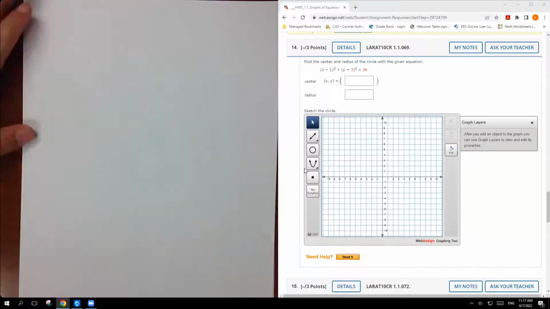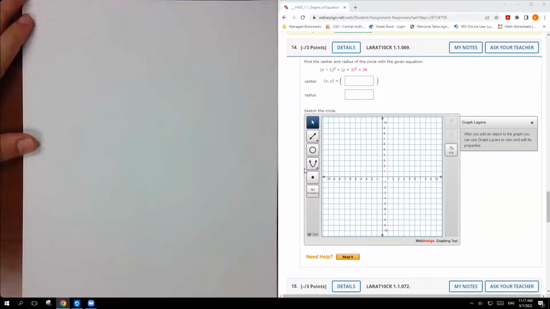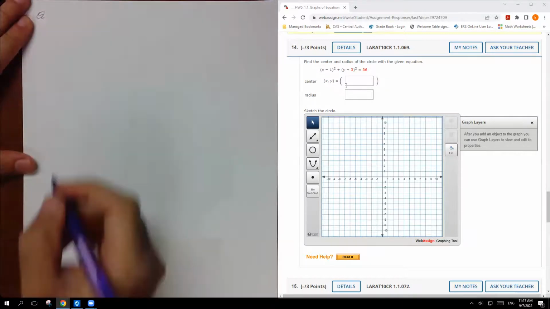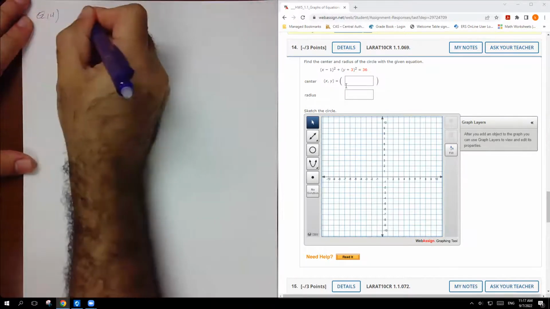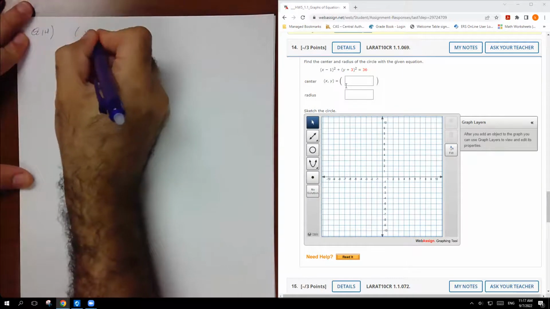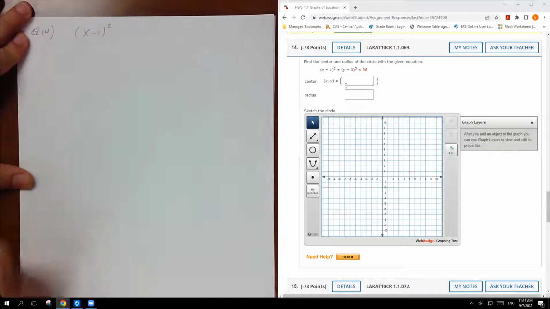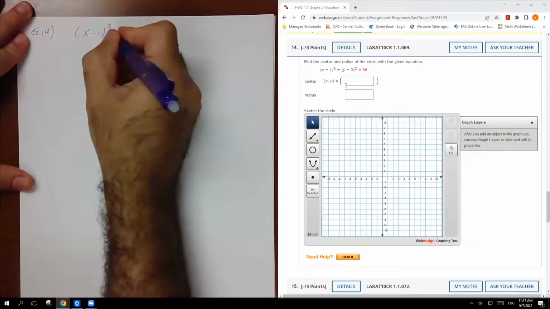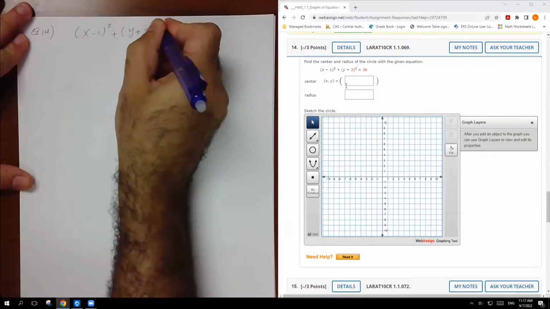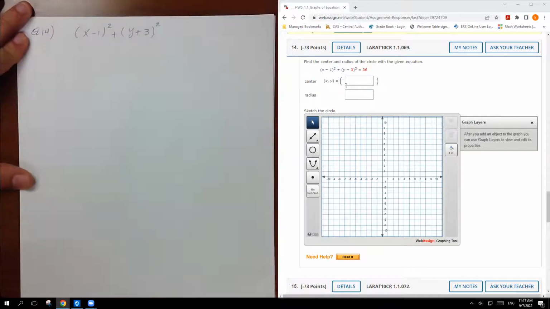Next example, find the center and the radius of the circle. So here is the circle. This is 14. It says x minus 1 squared plus y plus 3 squared equals 36.